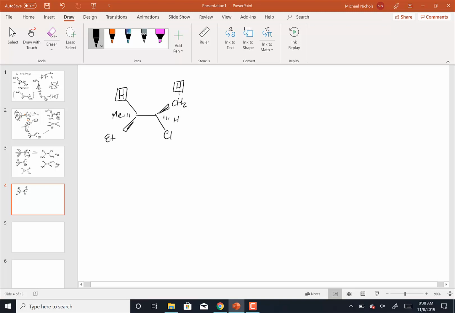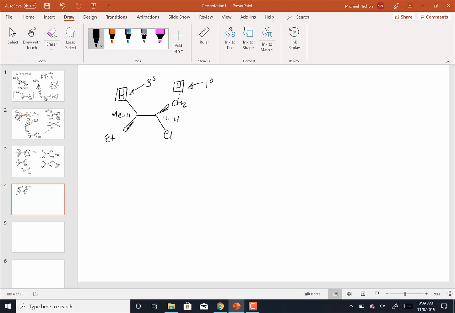Now what's the difference between those hydrogens? This hydrogen is what kind of beta hydrogen? Primary, secondary, or tertiary? What kind of hydrogen is this one? Primary, secondary, or tertiary? It's primary. And then what kind of hydrogen is this one? Tertiary?